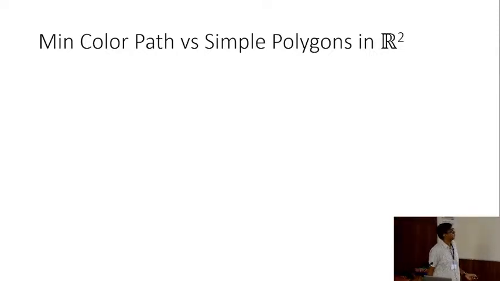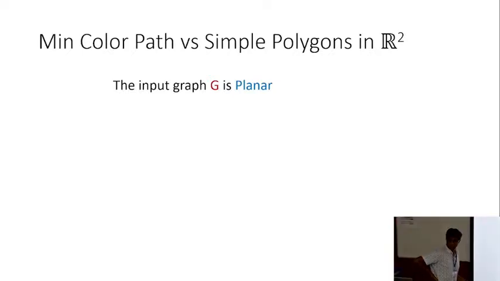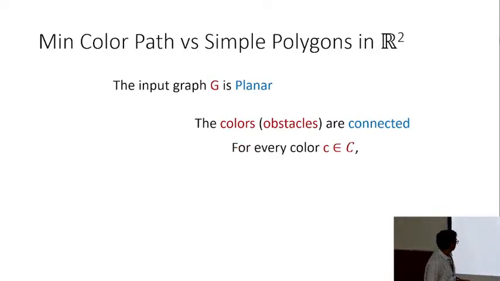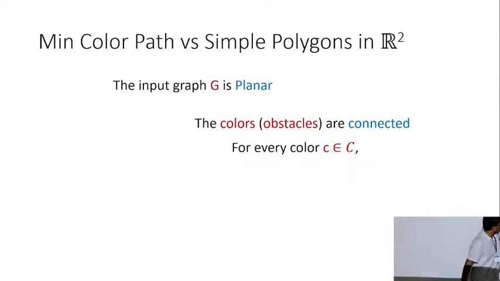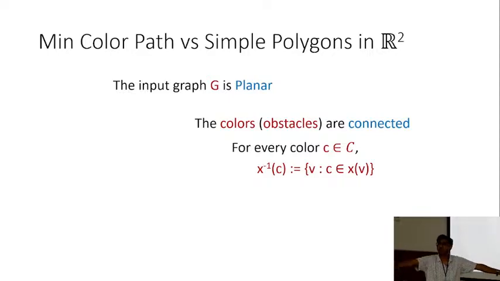Minimum color path versus simple polygons in R2. Look at this: the input graph G is planar. Suppose the input graph G is planar and the color obstacles are connected, which is a very natural consideration to make. That means for every color c in C, the vertices that have been assigned this color should form a connected set in your graph.